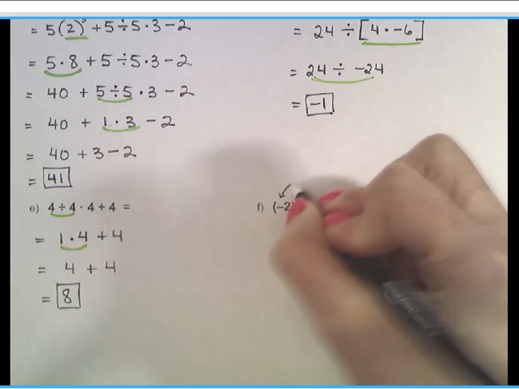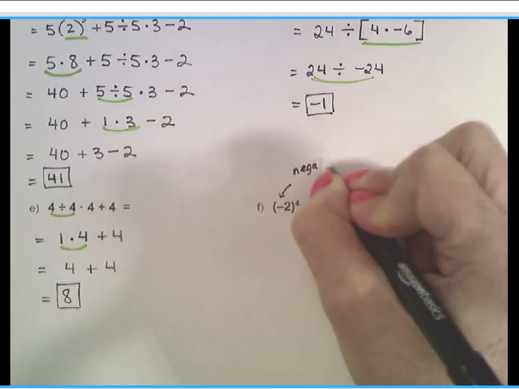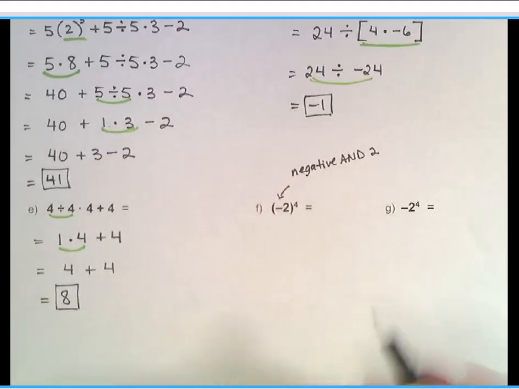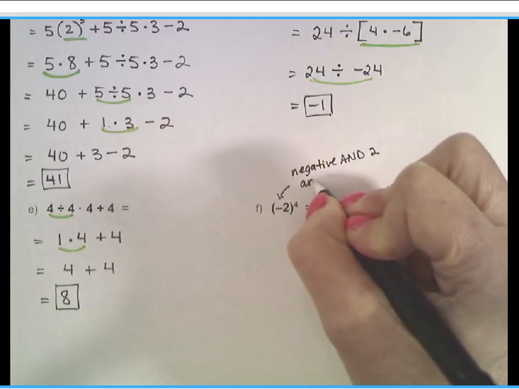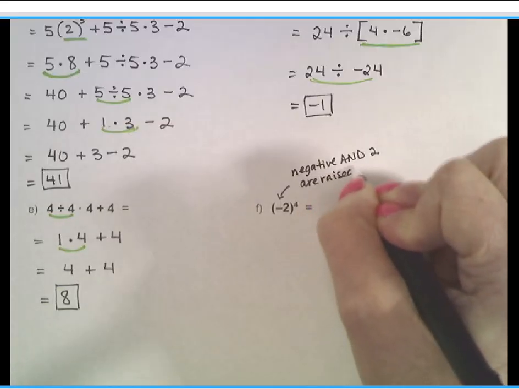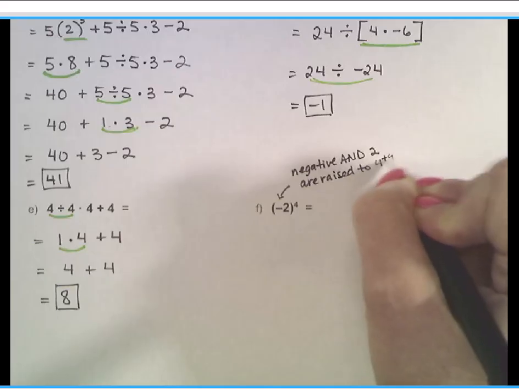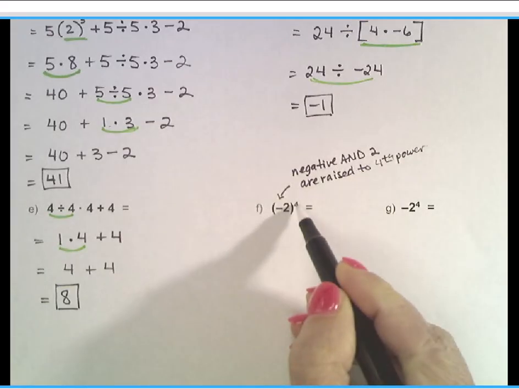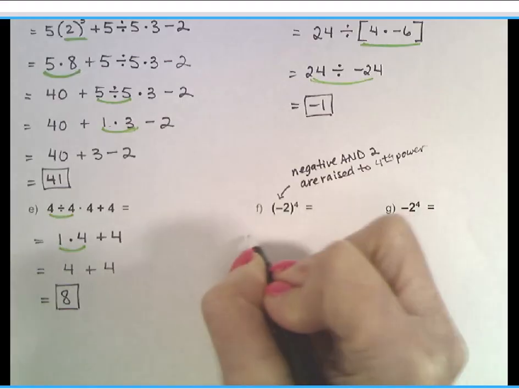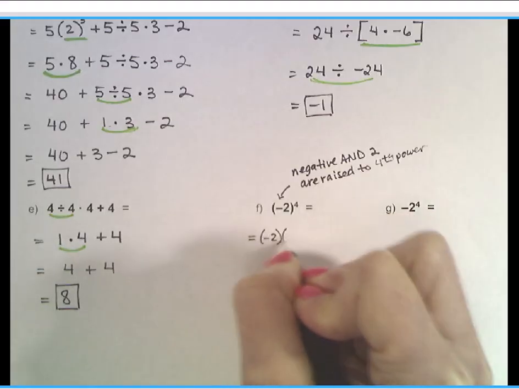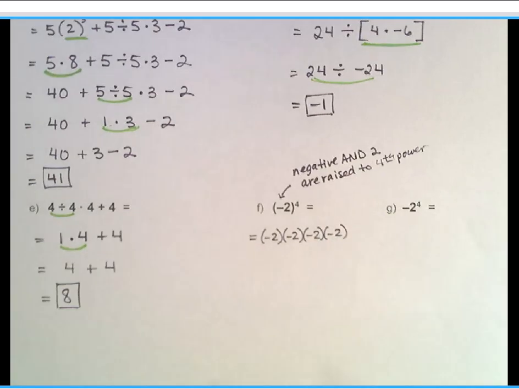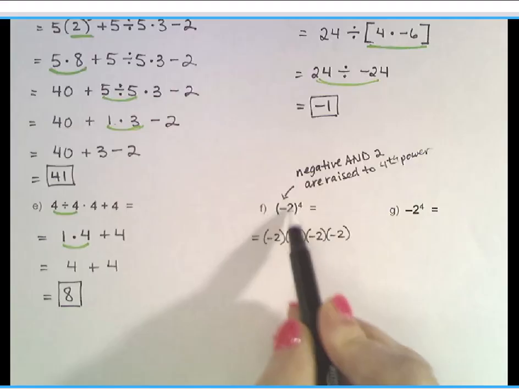So that means the negative and the 2 are raised to the 4th power. They're both getting the 4th power. So this is like saying negative 2 times negative 2 times negative 2 times negative 2. It's literally 4 of those.